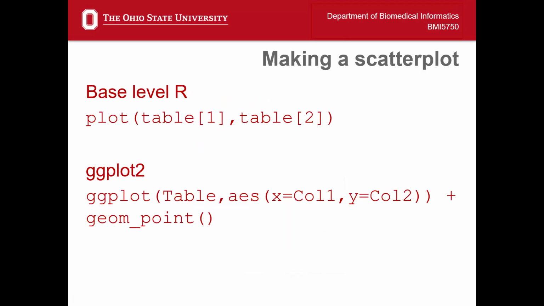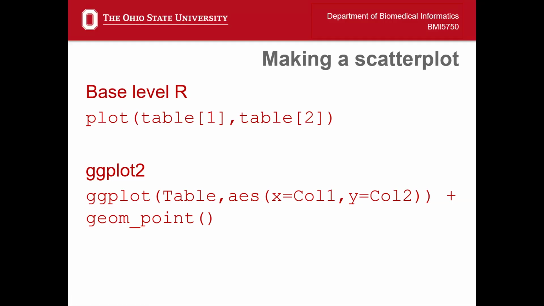The base level of R, the function is just plot. We tell it, I'm going to plot, and we tell it our x-axis. Here I'm referring to a column using this index. So we get the first column from table 1 is our x value. For our y value, we get the second column from our table.